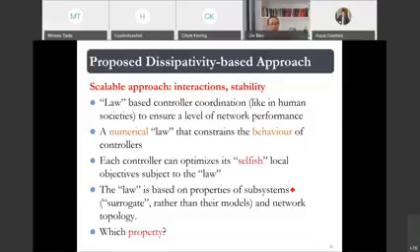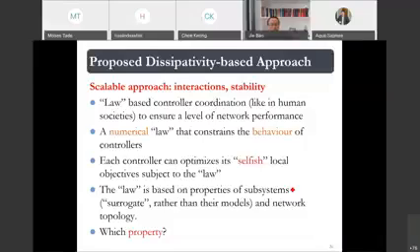This law, of course, is a numerical law that constrains the behavior of the controllers, and each controller can optimize its own selfish local objectives subject to the law.